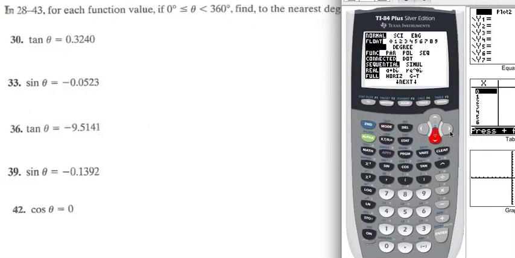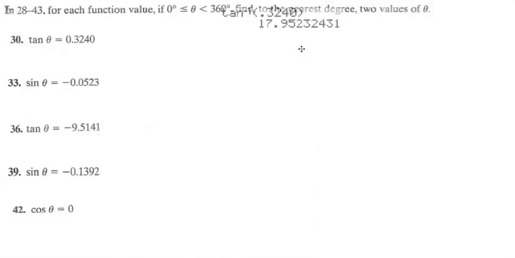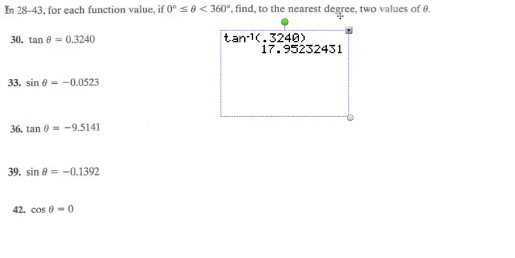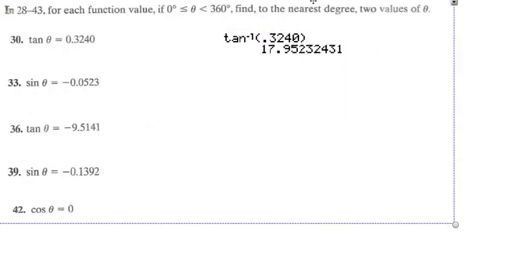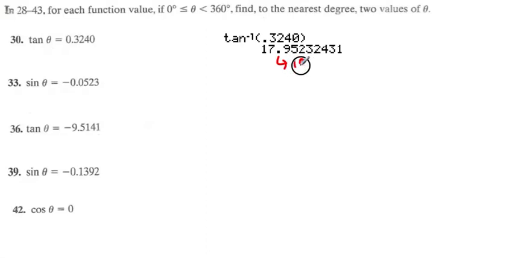Since I don't have it, I'm going to go to degrees, press enter, and then quit. And here, if I press enter, then we'll get to realize it's going to be 17.9 degrees. Now, since we are looking at the nearest degree, we can simply say that this will be equal to 18 degrees.